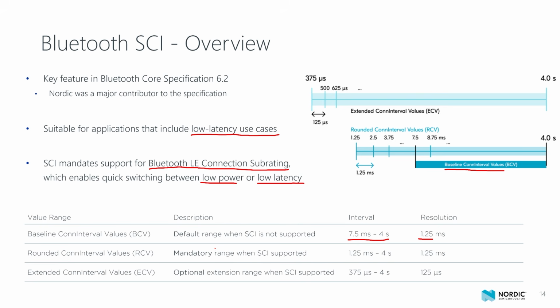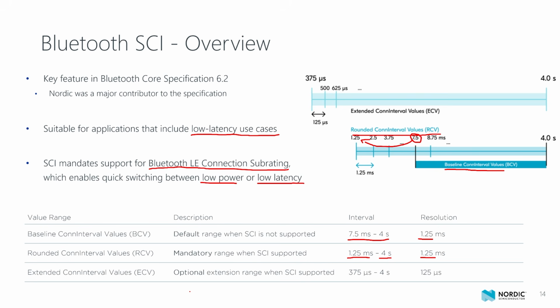Then if SCI is supported, the mandatory range goes down to 1.5 milliseconds, but the upper limit stays the same. So it's still 4 seconds, and the resolution is also the same. And this is the rounded con interval values, or RCV. So basically, you just go from 7.5 to a minimum of 1.25 with the same resolution. So you can do 1.25, you can do 2.5, in steps of 1.25 milliseconds.